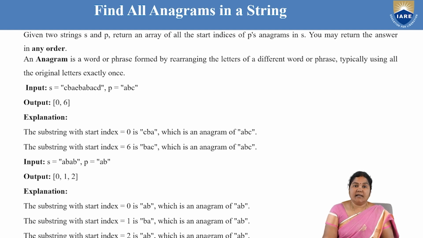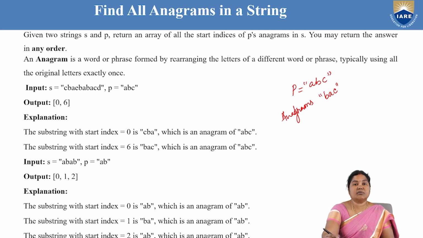Now, what is an anagram normally? An anagram is a word or phrase formed by rearranging the letters of a different word or phrase, typically using the original letters exactly once. That means, suppose my P is equal to ABC, which is a string, then the anagrams can be BAC.